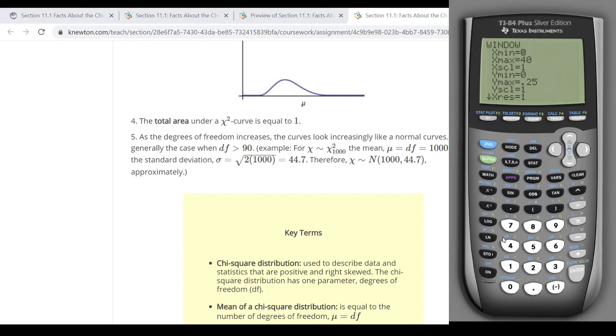So let's say that's about 45. If I go 2 standard deviations left and 2 standard deviations right, let's go 900 for the x min and 1100 for the x max. Have the x scale just be 10 by 10s. And let's go like 0.1 there and see what we get.